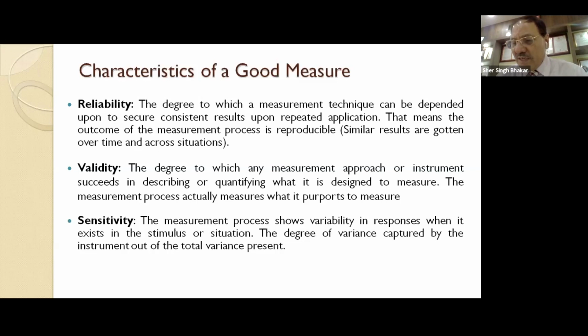So whenever you use a questionnaire, if it gives you similar results every time, it is reliable. If it gives you different results every time, it is not reliable. Whereas in validity, it should give you correct results. The results might vary, but the mean or average of those results should be correct.